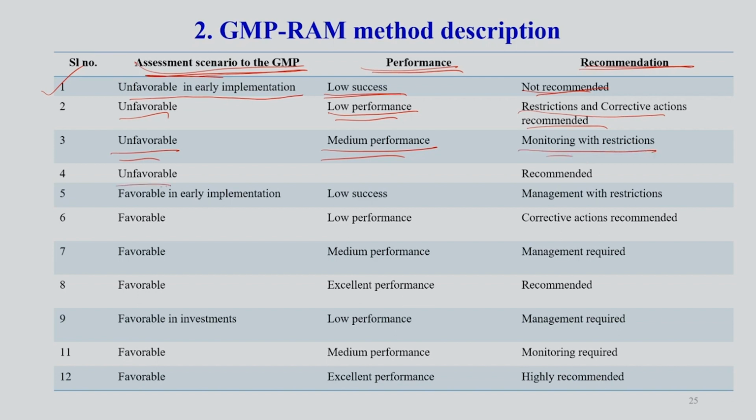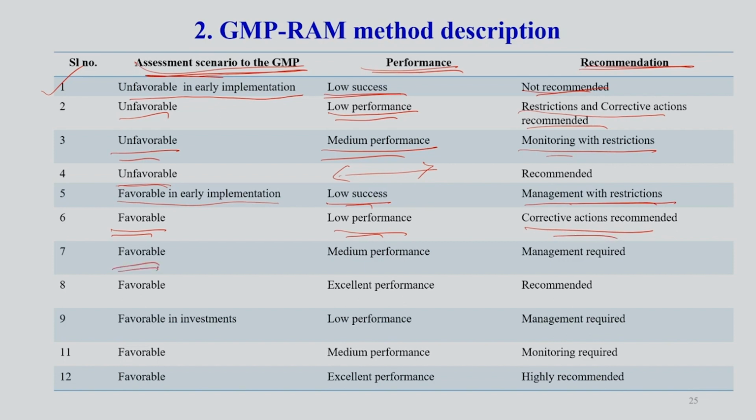If you find it is unfavorable without any kind of performance limitation, then you hold your decision and send it back for another testing, and then you check whether it is favorable in early implementation or not. Again, if you get low success, then you say management with restrictions. If then comes favorable, low performance, you again recommend corrective actions.